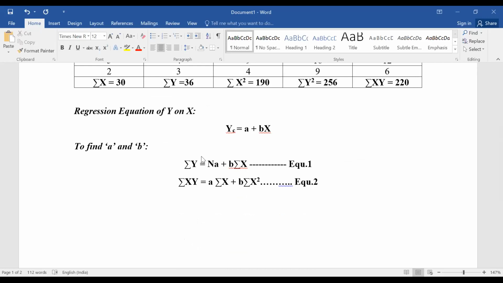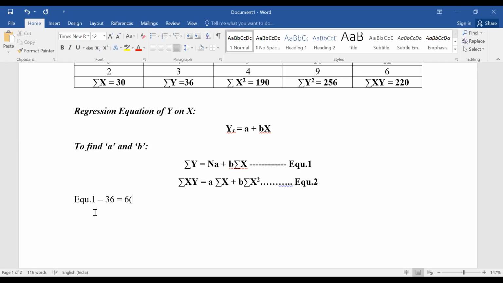Okay, we will go one by one. Now, the first equation: summation y is 36, equal to n times a, plus b into summation x. What is n here? 6.